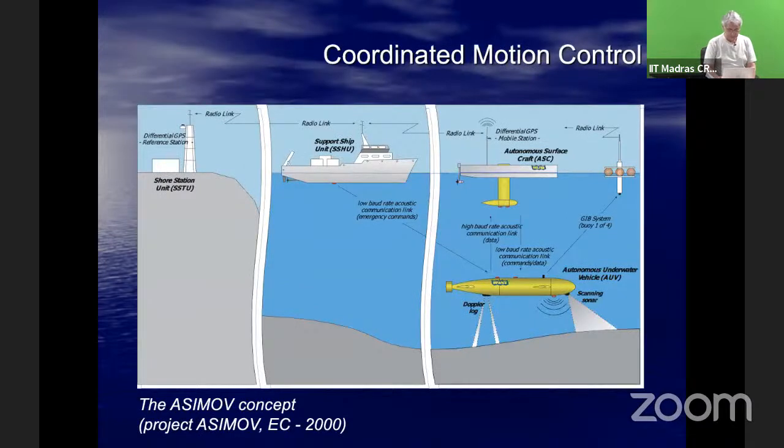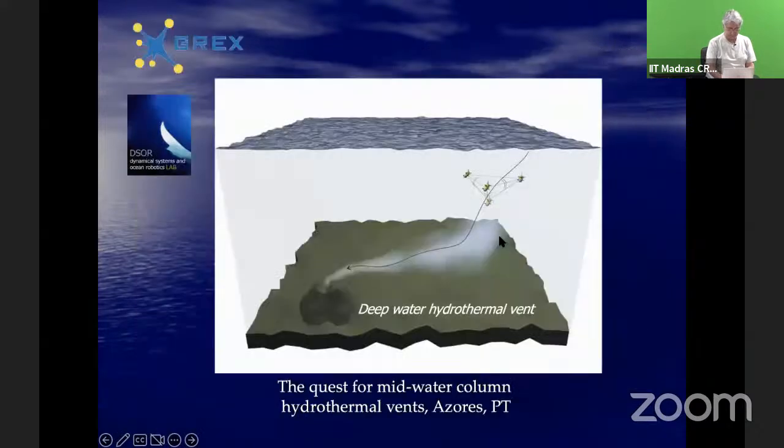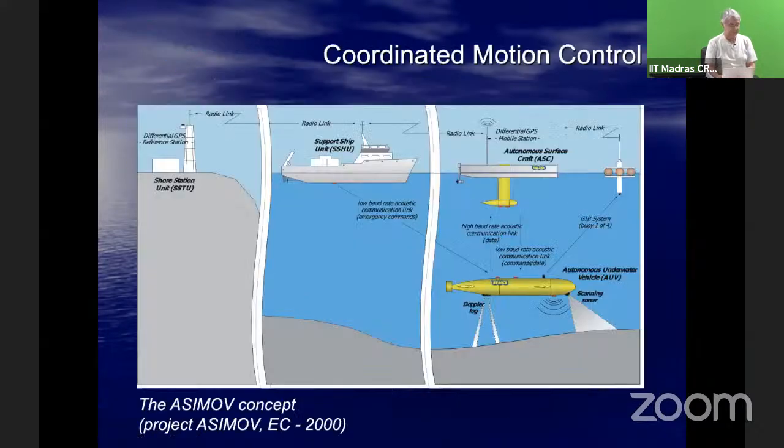This is truly what we had in the proposal that went to the European Commission, where you have the underwater vehicle, the surface vehicle, ultra short baseline, and so on. It was a beautiful project, the first time that we exploited this. Did we get that far?